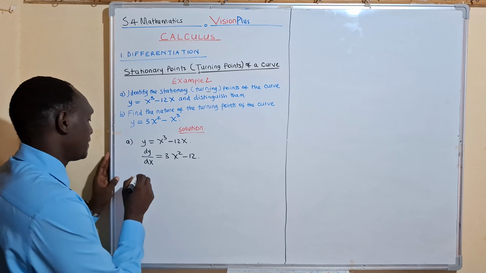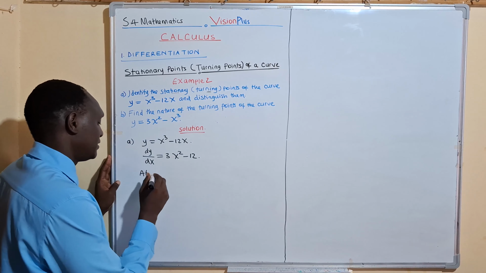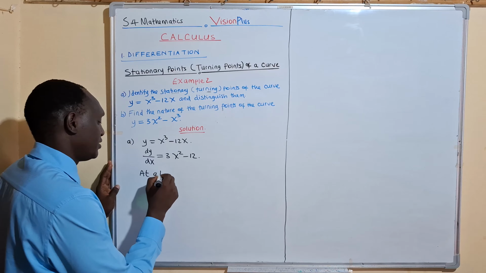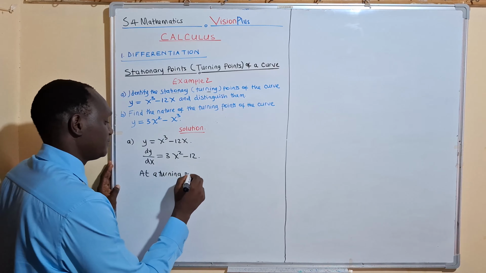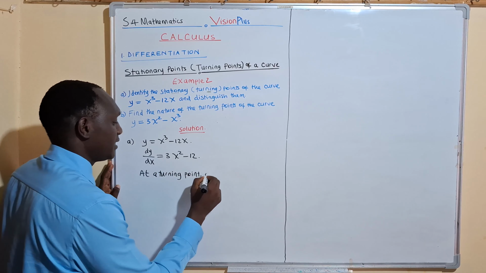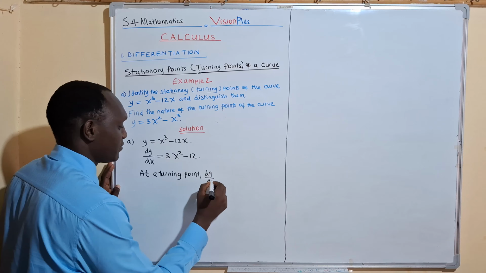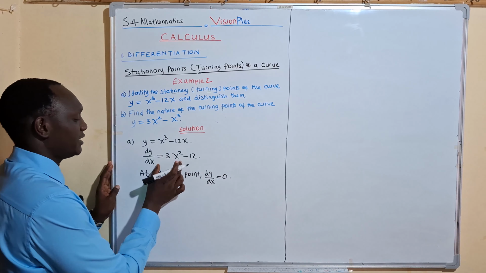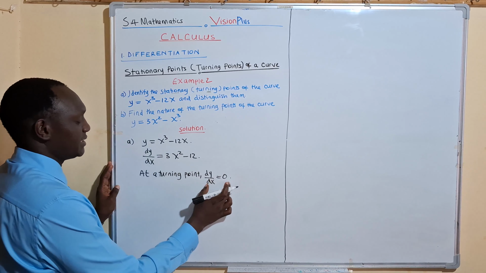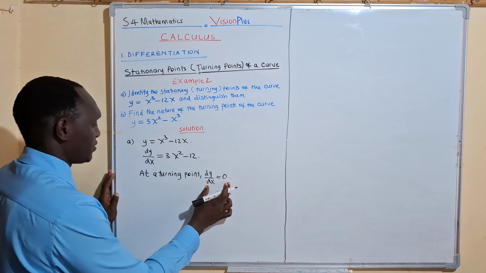That means at any turning point or stationary point, dy dx is 0. Since we are looking for stationary points, we shall equate dy dx to 0.